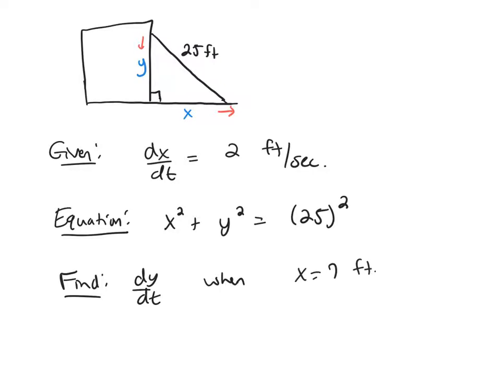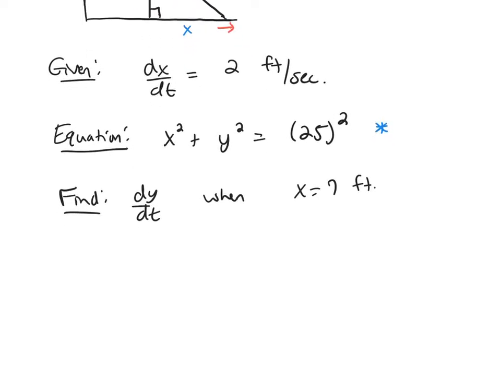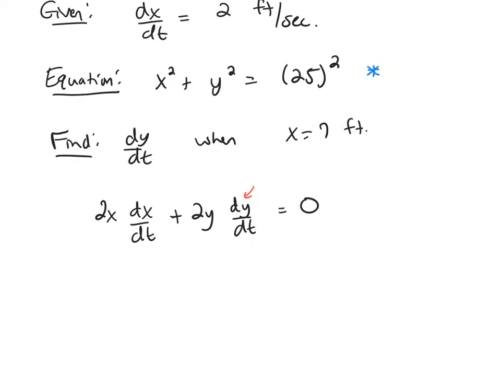All right, so now I've got what I need. The next step is take this equation here and take the derivative of both sides. So you'll get 2x dx/dt plus 2y dy/dt equals 0. And what am I trying to find? I'm trying to find dy/dt, so I'm going to solve for that.